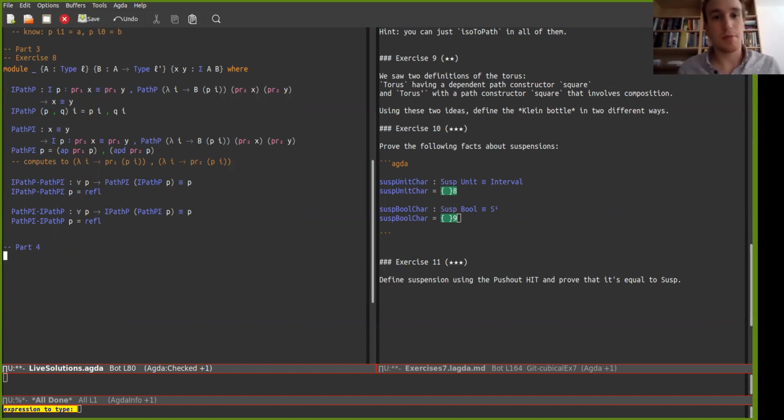Okay. People were asking about the Klein bottle, so let's start with that.